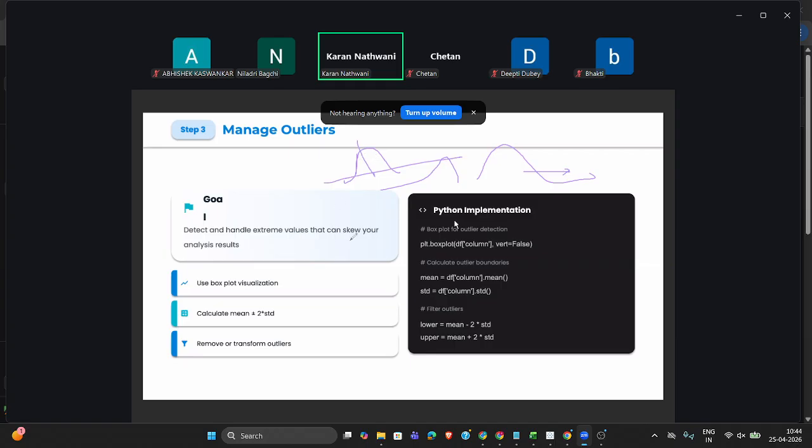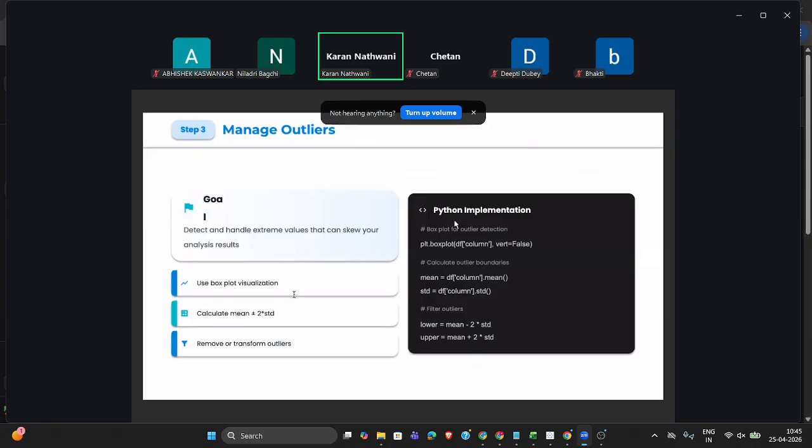Skewness generally corresponds to how your data has been plotted or visualized. If the data has certain outliers present, you can see it from the skewness. So that is how you can represent the outliers. Then you can use the box plot visualization to identify the skewness and outliers, and then you calculate the mean plus or minus 2 times the standard deviation.